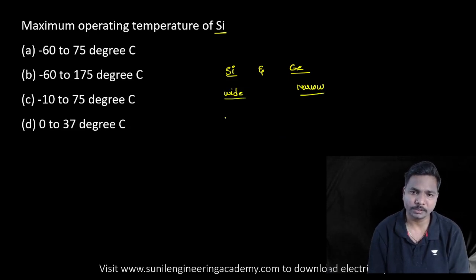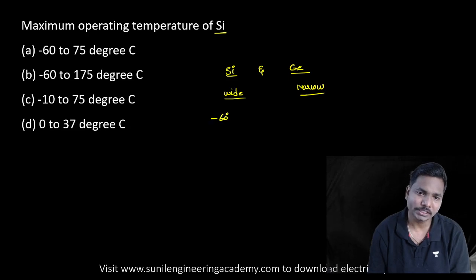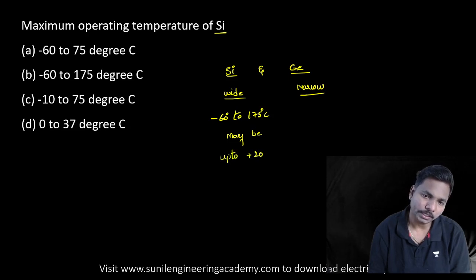For silicon it may be minus 60 degrees to 175 degrees, or it may be up to 200 degrees also. But germanium is minus 60 degrees to 75 degrees centigrade only.